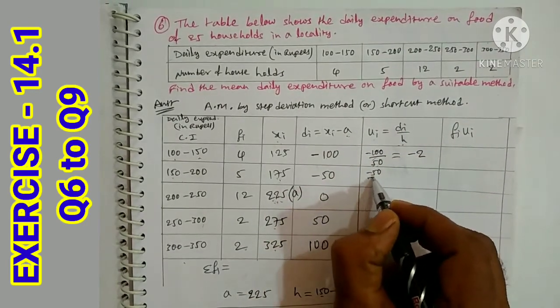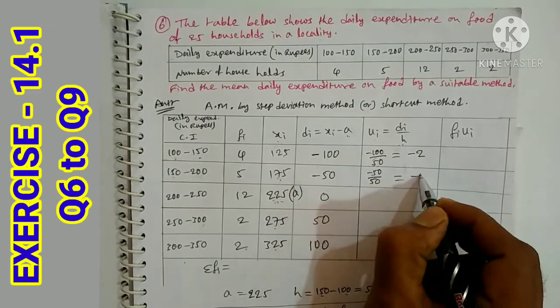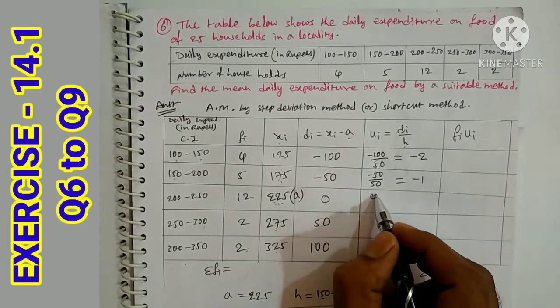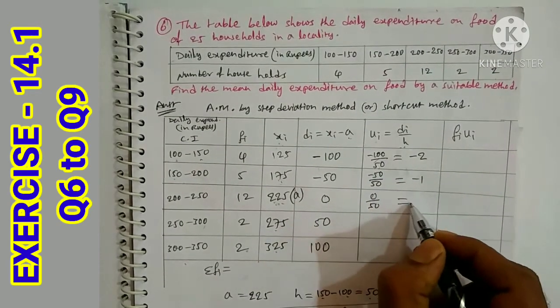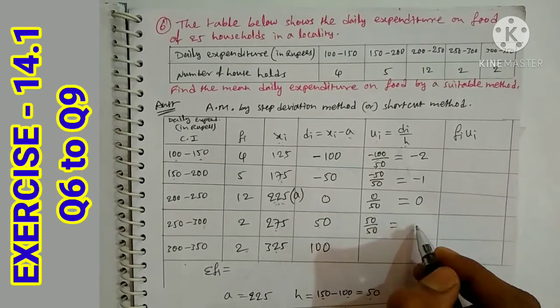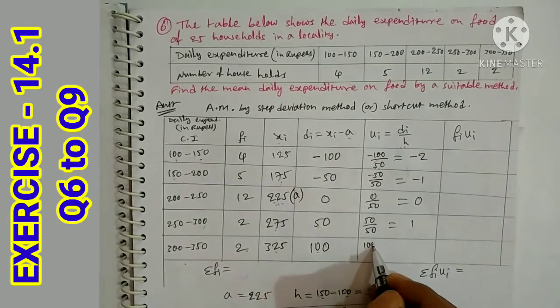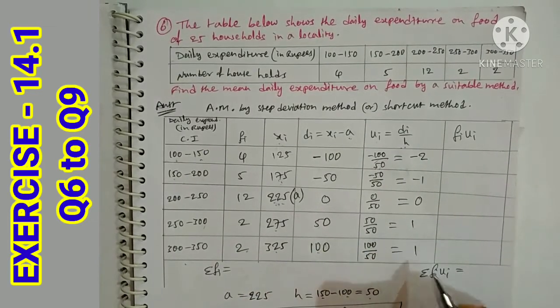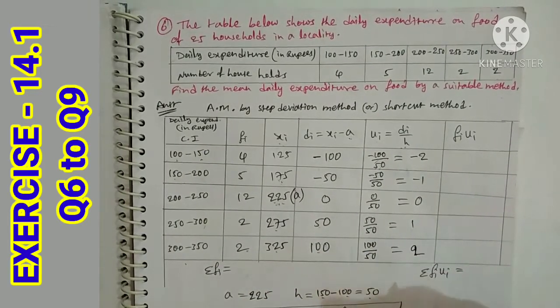Minus 50 by 50 is minus 1. 0 by 50 is 0. 50 by 50 is 1. 100 by 50 is 2.